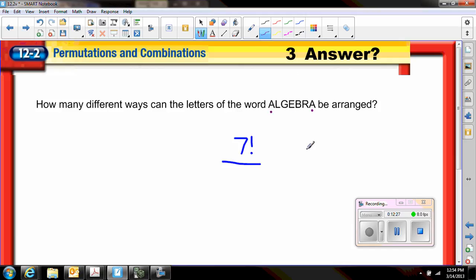Looks like I have A twice, so I'm going to divide by 2 factorial. I have an L, a G, an E, a B, an R. All these other letters appear only once, which means they're all going to be 1 factorial. Again, I can write down 1 factorial several times, but 1 factorial is simply 1, so I'm just going to simplify things and leave it as 7 factorial over 2 factorial.